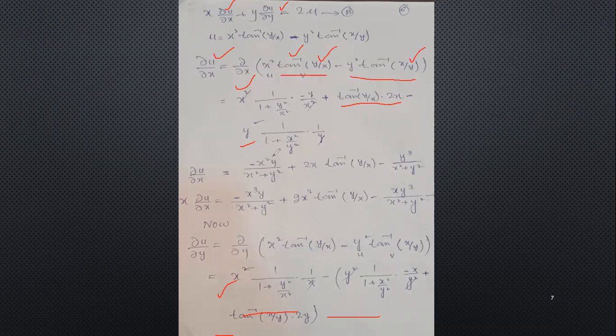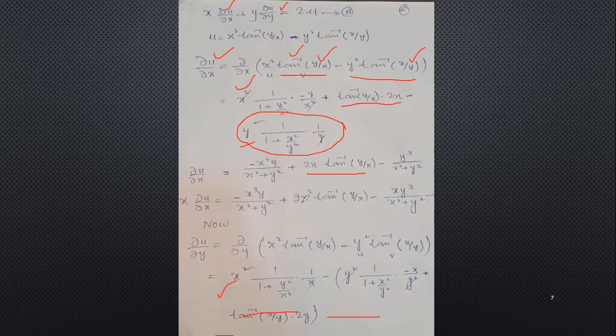and after taking LCM and simplification we get minus x square into y, divided by x square plus y square, plus now 2x multiplied with tan inverse y upon x, we get 2x into tan inverse y upon x, minus y, simplification of this term, we get minus y cube upon x square plus y square.